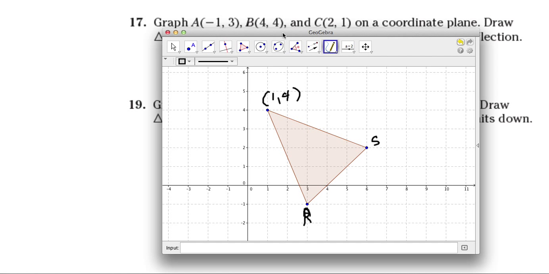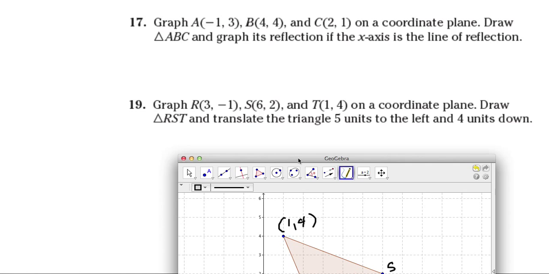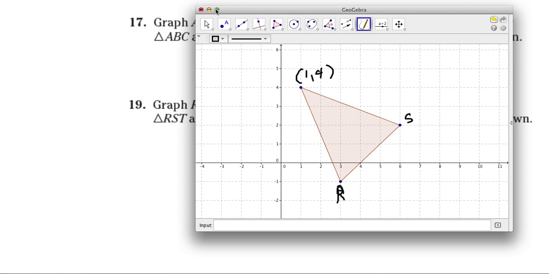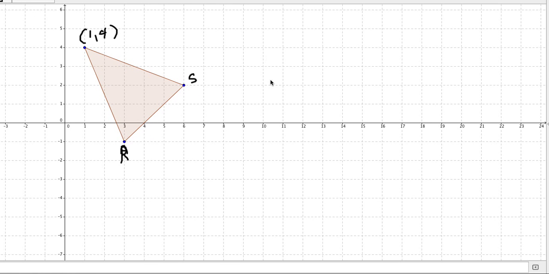So it's saying we want to translate it 5 units to the left and 4 units down. Remember at the beginning of the lesson, 5 units to the left means -5, and 4 units down means -4.